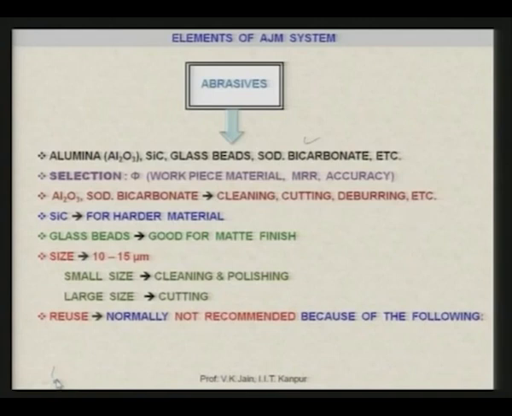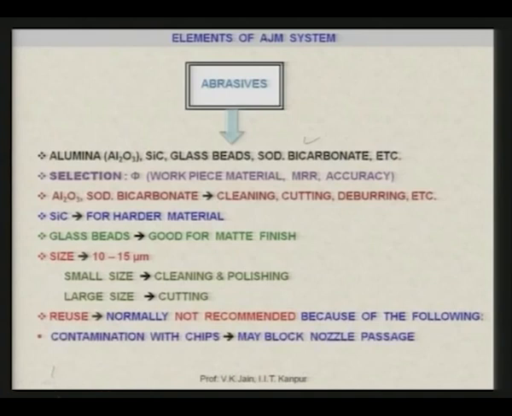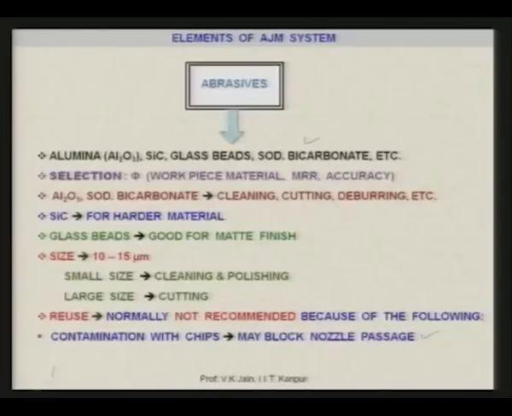Reuse of the abrasive particles is normally not recommended for the simple reason of contamination with the chips. These abrasive particles get contaminated with the material that has been removed from the workpiece, and you cannot easily remove the workpiece material. So, what will happen? This contamination may block the nozzle passage, and if it is able to block the nozzle passage, then the nozzle will get damaged, and it is very expensive.